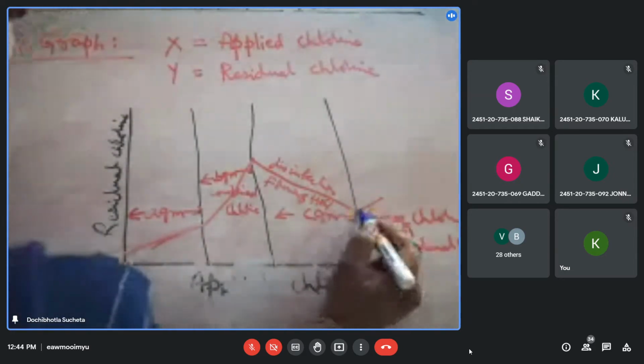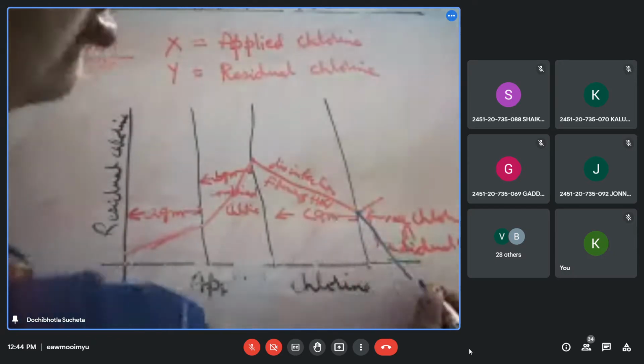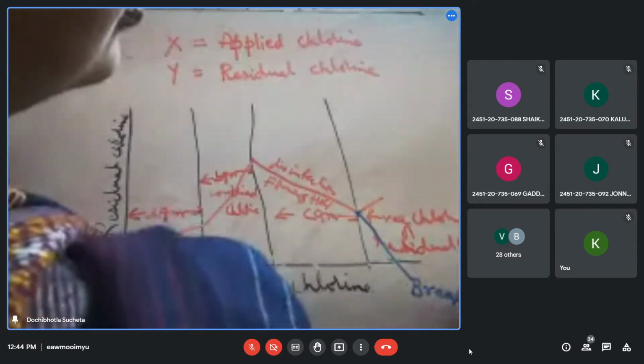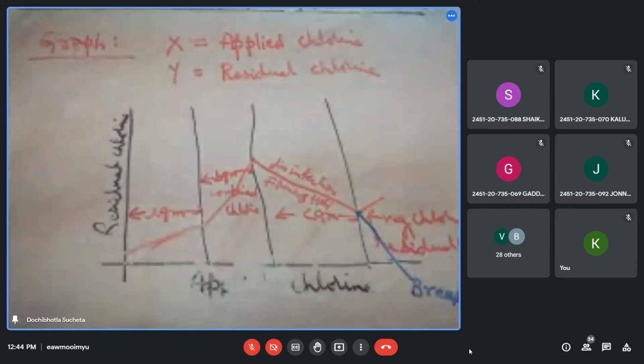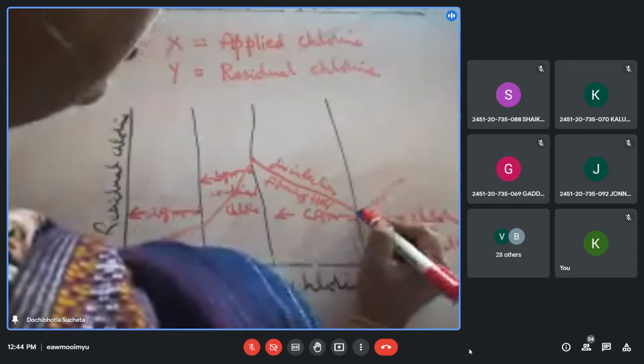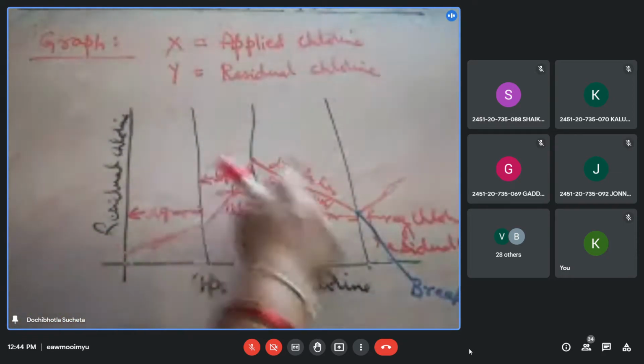This point on the graph where the free or residual chlorine appears is called the breakpoint. And it is called breakpoint chlorination. So that's the answer. Understood? Beyond this, free or residual chlorine appears. And this is the breakpoint. That's how you'll plot the graph.